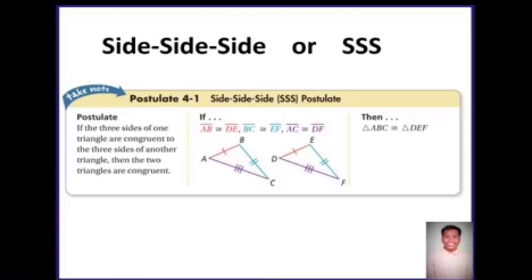Postulate: if the three sides of one triangle are congruent to the three sides of another triangle, then the two triangles are congruent.